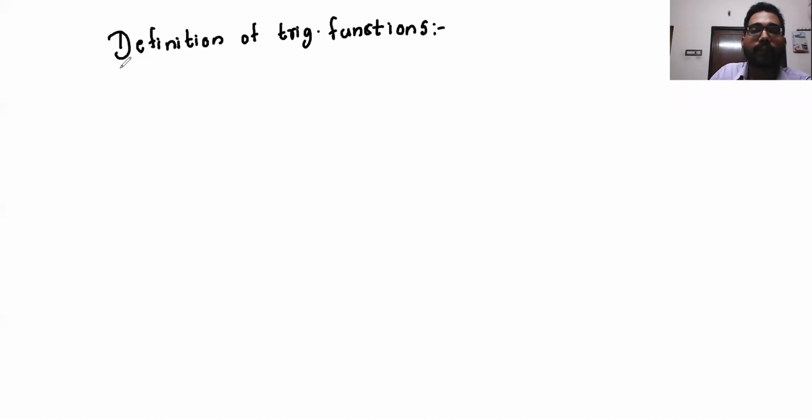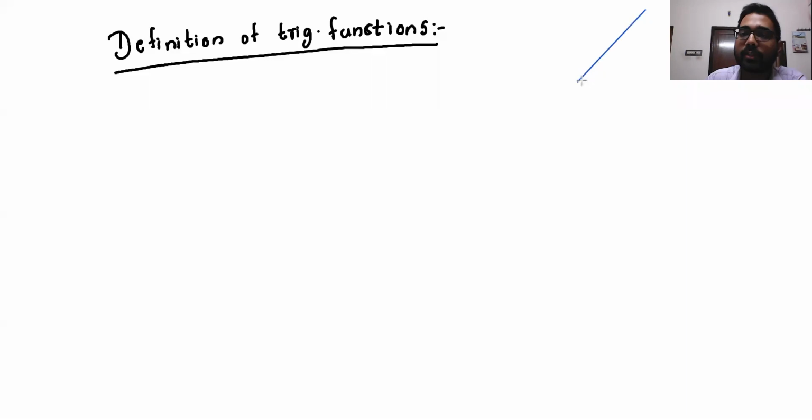So in school you might have learned this thing, right? In school you have learned sine theta, cos theta. There we took a right angle triangle. We usually take a right angle triangle and we see what are there, right?